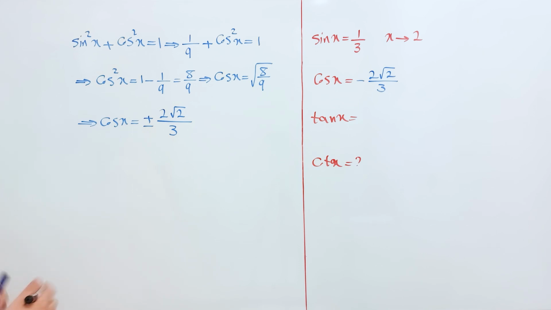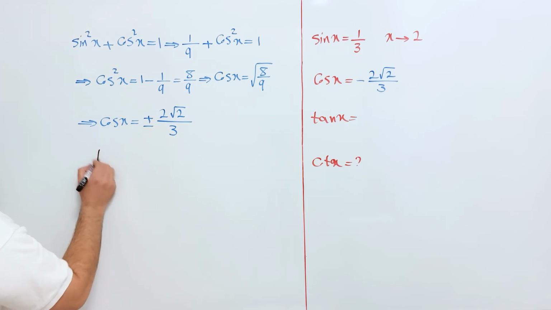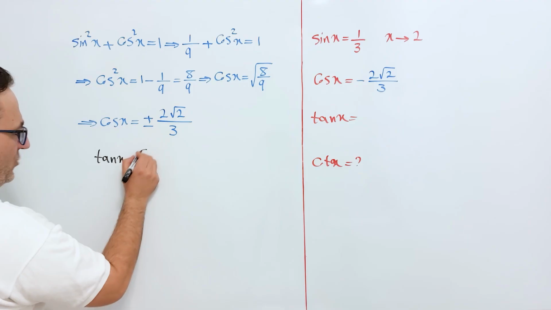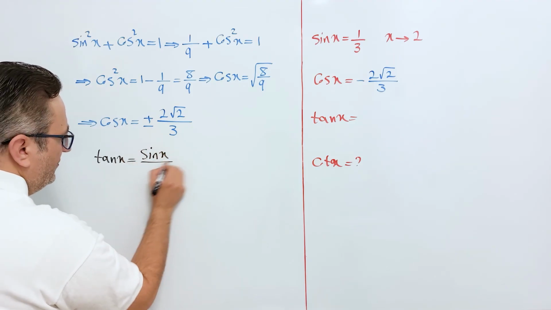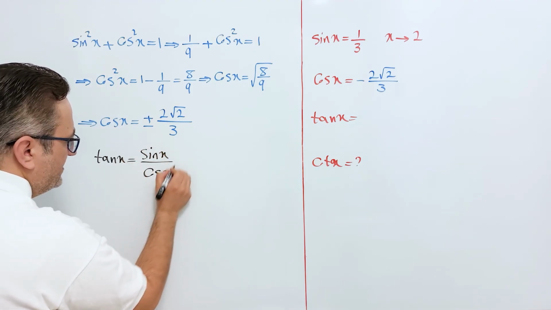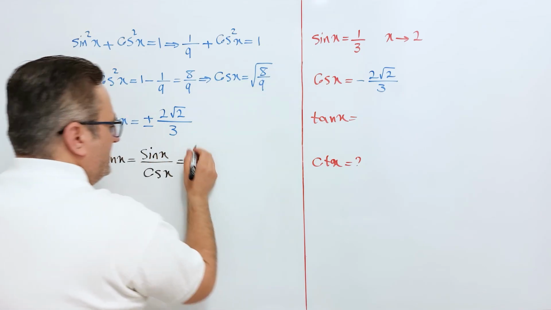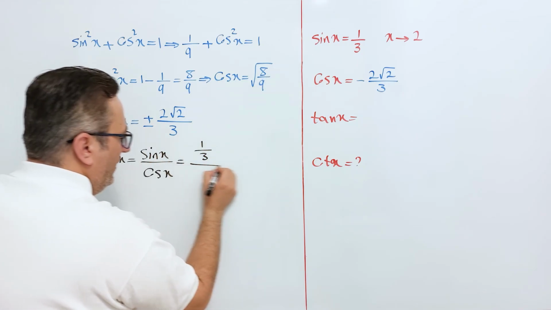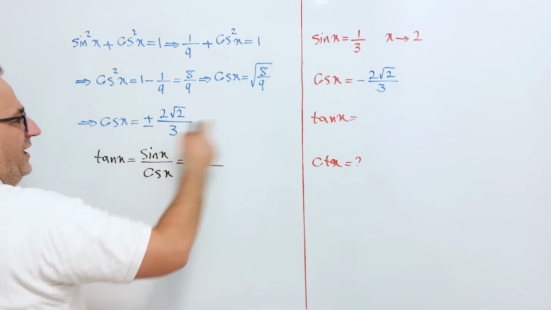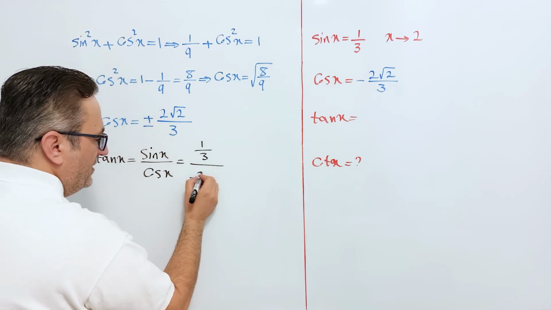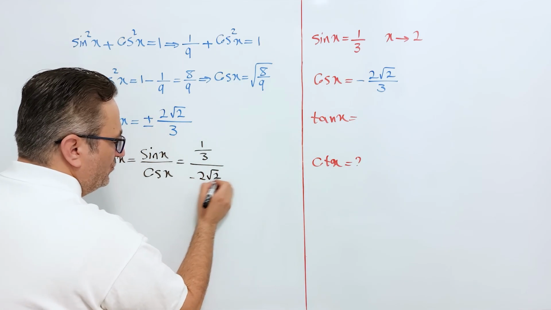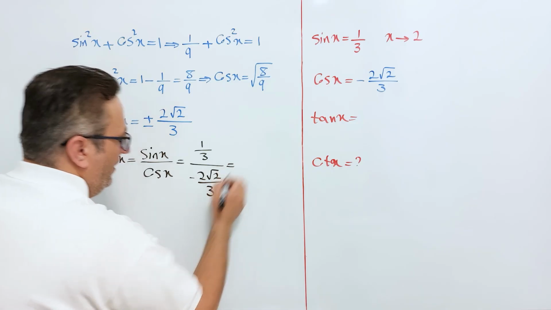So tangent x is equal to sine x divided by cosine x. Sine x is 1 over 3 divided by cosine x, which is minus 2 the square root of 2 over 3.